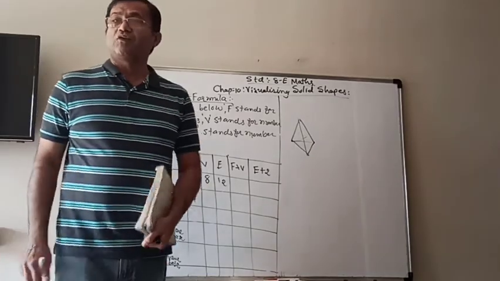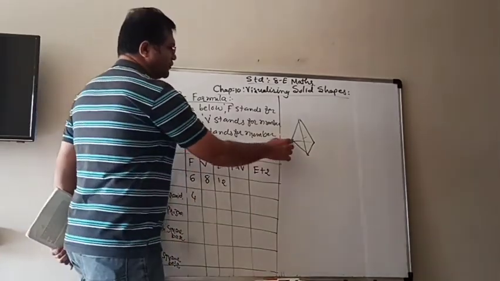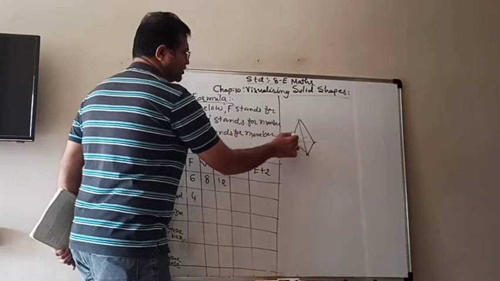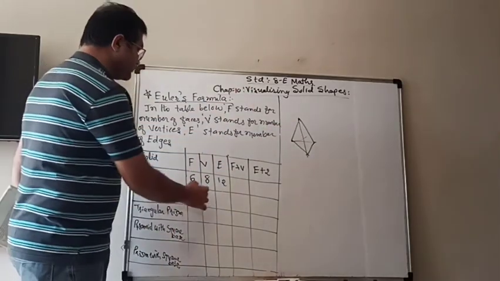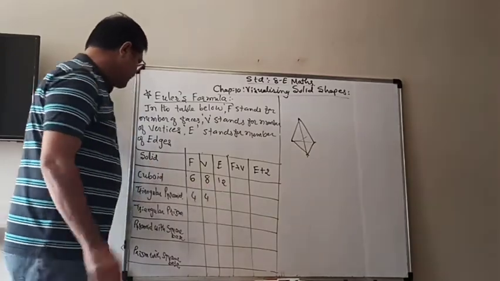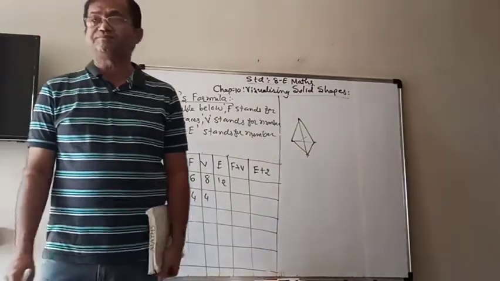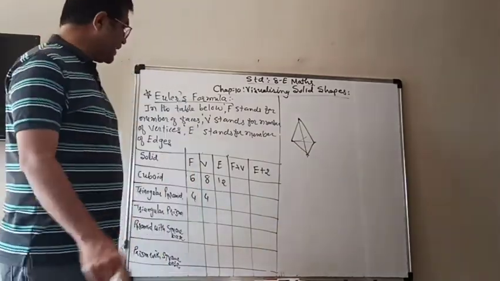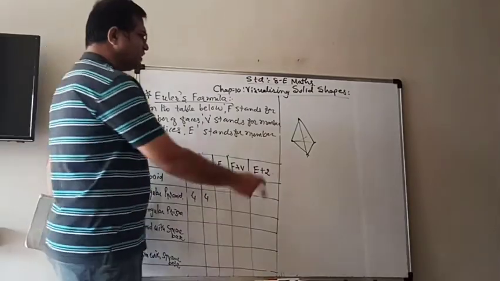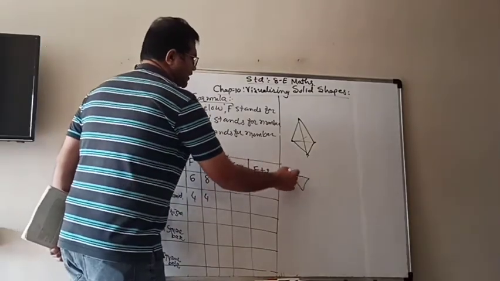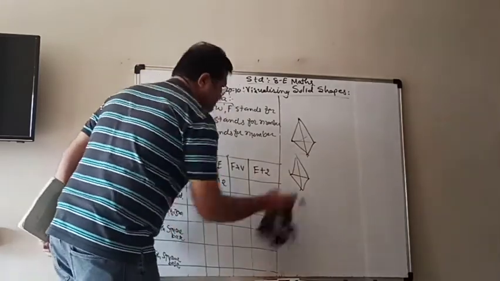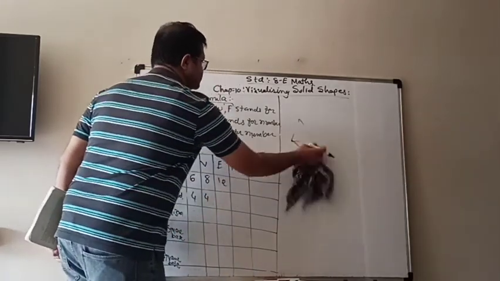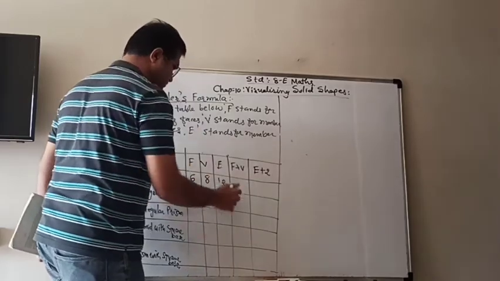Vertices are like points: 3 at the bottom and 1 at the top, so there are 4 vertices. And edges: 3 at the bottom and another 3 coming to the top, so 3 plus 3, there are 6 edges.